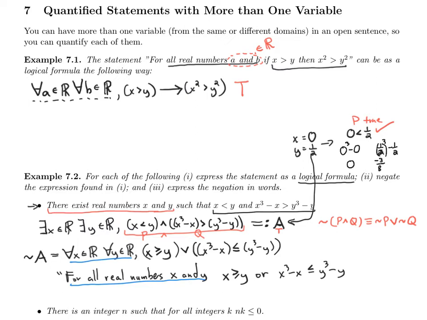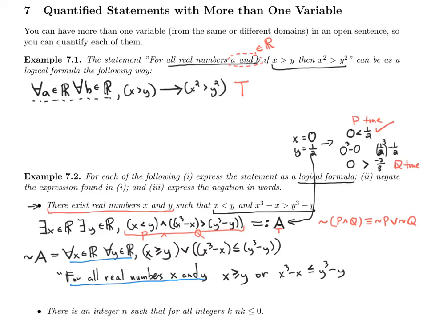So you can see here that 0 is now greater than negative 3/8. So here we have Q is true as well. And remember, we just needed to find one situation. There exists an x and a y, which we did find.